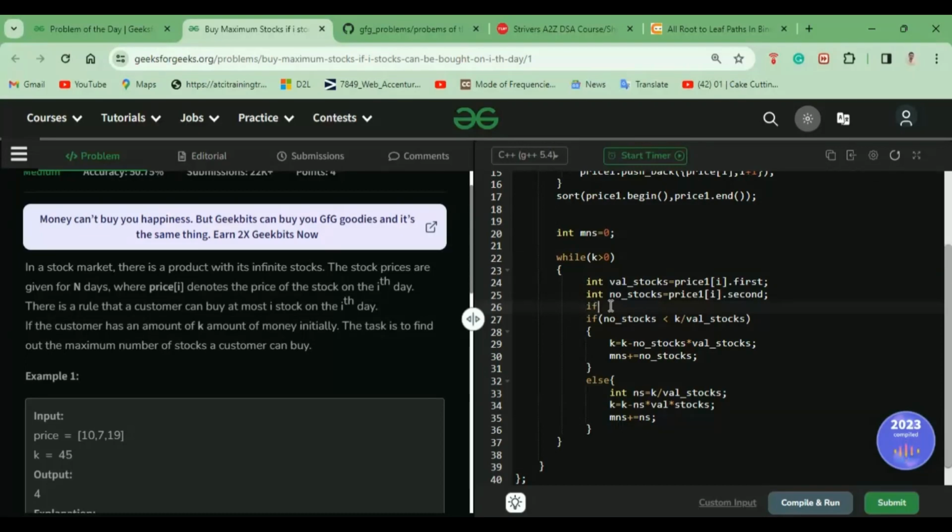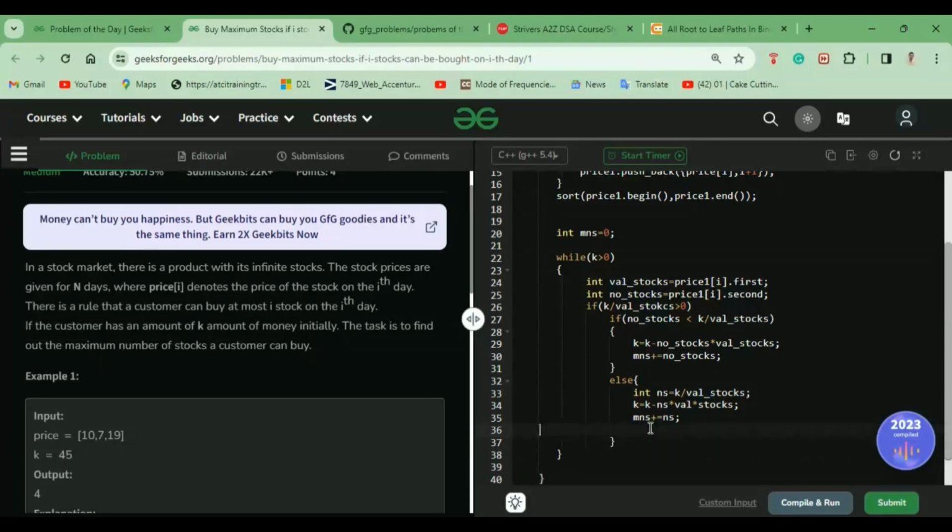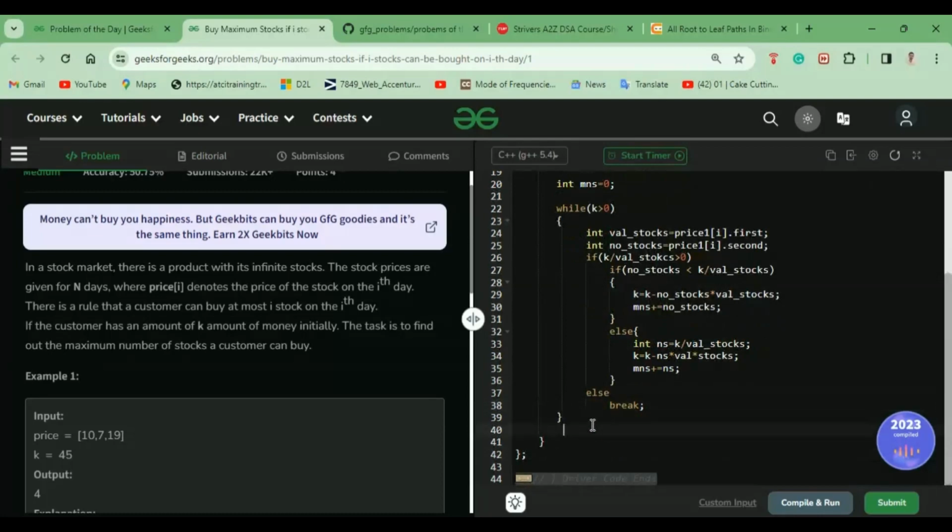So we'll put one condition here: if it's greater than zero, then only we will enter into this if condition. Else we will simply break out of this loop, because we don't have that much money in hand. And we'll return the answer as the maximum number of stocks, right?